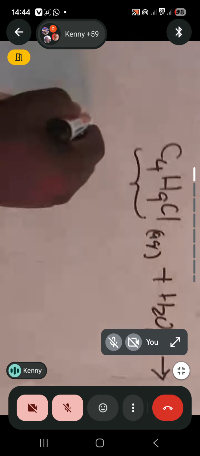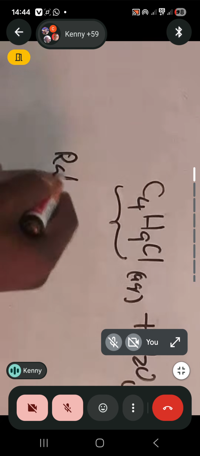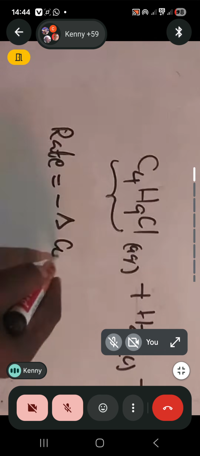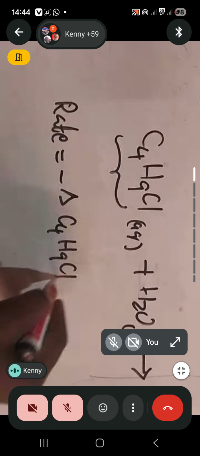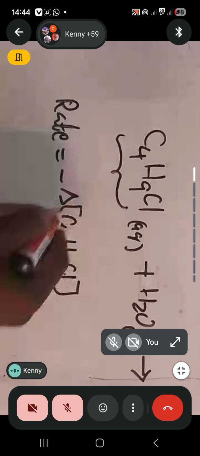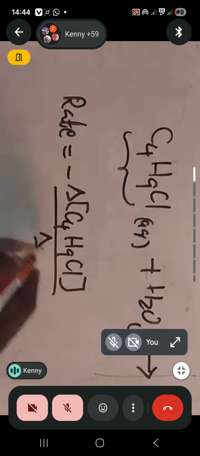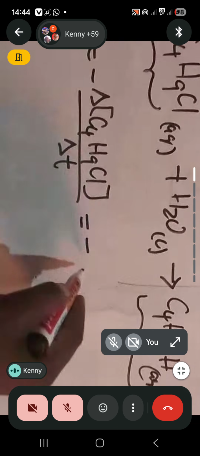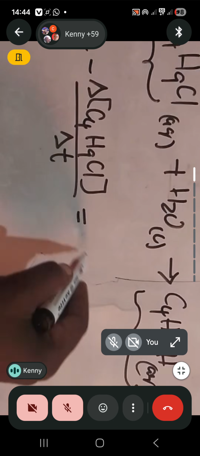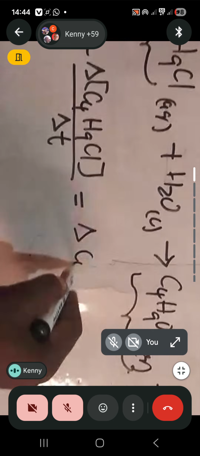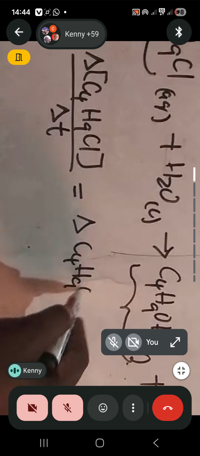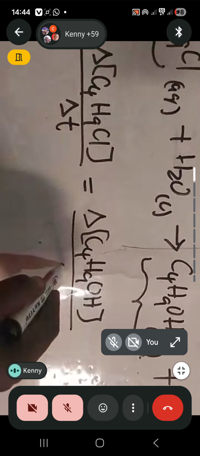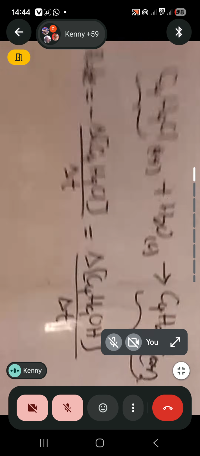So to write the rate, we can say rate is equal to negative change in C4H9Cl over delta t, which is equal to positive change in C4H9OH over delta t.